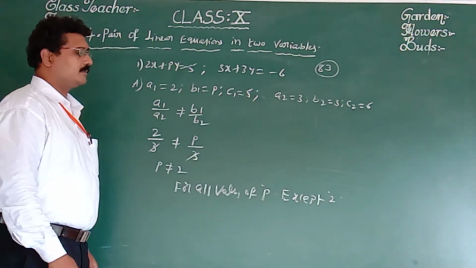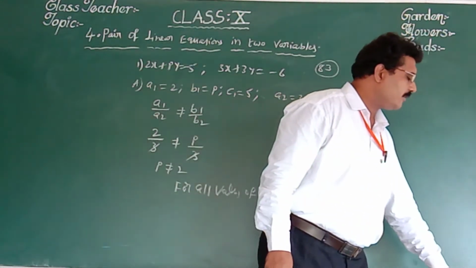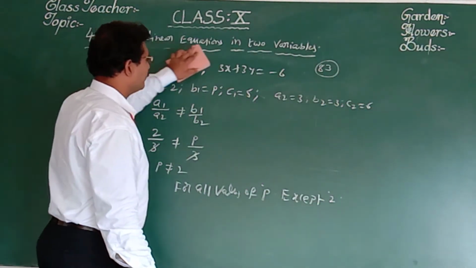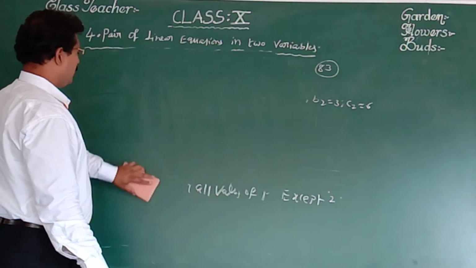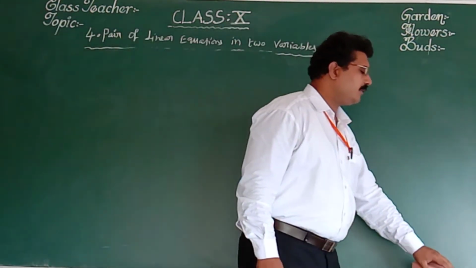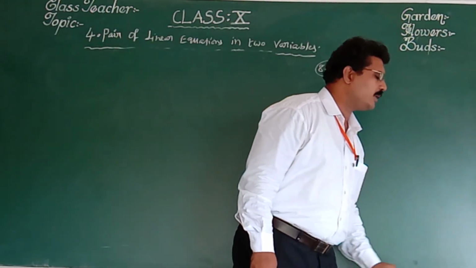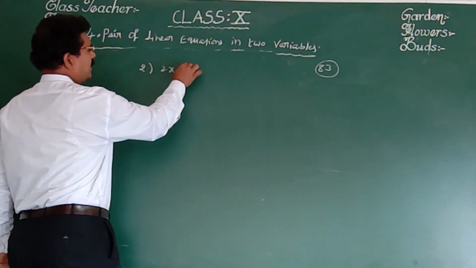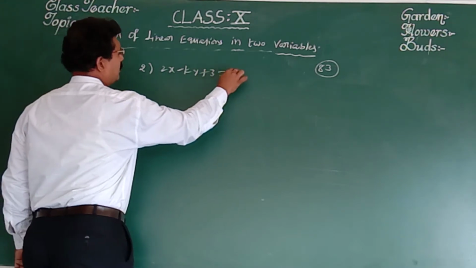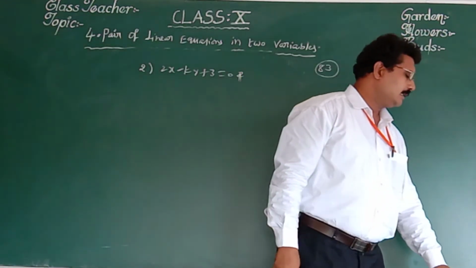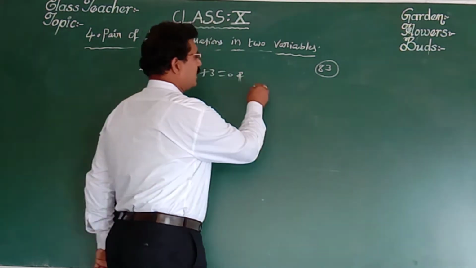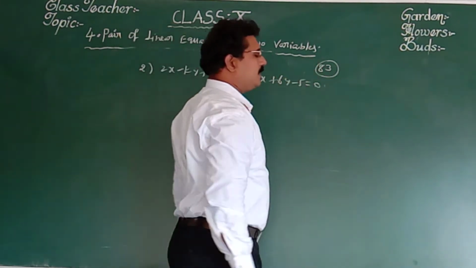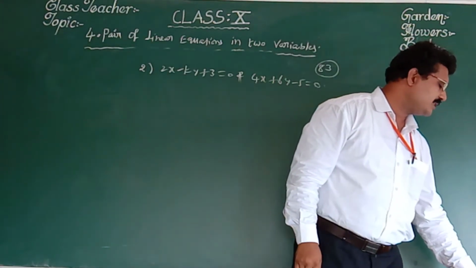Okay, note this down. Next, the second one: find the value of k for which the equations 2x minus ky plus 3 is equal to 0 and 4x plus 6y minus 5 is equal to 0 represent parallel lines.